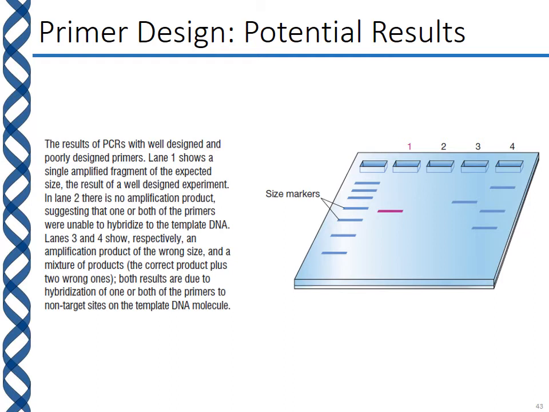In the third lane, we see a product, but it is of the wrong size, so that suggests that one or both of the primers weren't binding to the right location, but were able to bind and generate a product. And in the fourth lane, we see 3 different bands, one of which is the correct size, and the other 2 that aren't.